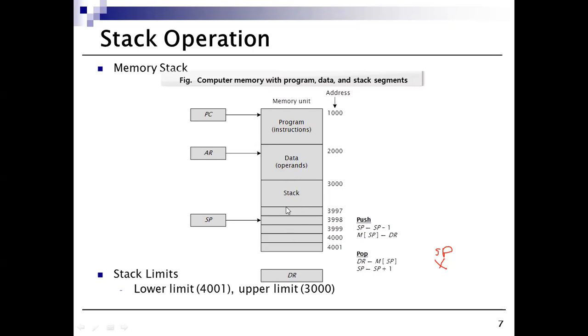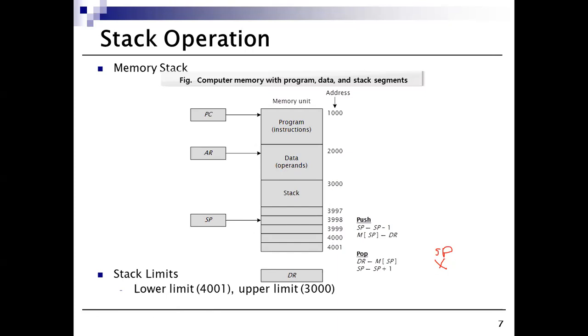Similarly, the address of the top of stack is available in the stack pointer. So here, for example, I have taken my stack limits as 3000 and 4000. Between these, I have my portion of memory referred to as a stack.